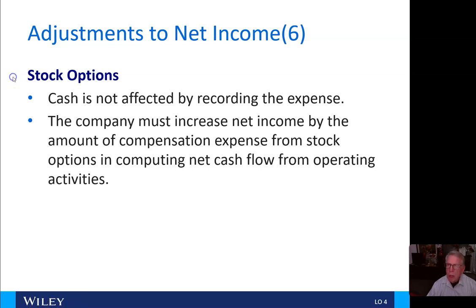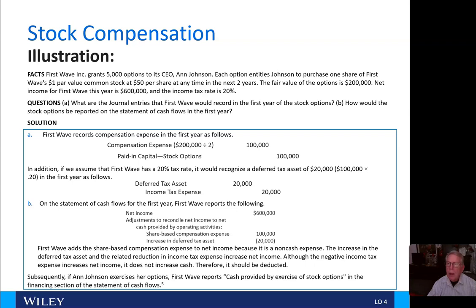Stock options. Stock options do not affect cash, or cash is not affected by recording the expense. The company must increase net income by the amount of compensation expense from stock options in computing net cash flow from operating activities. All right, let's take a look at an example. The First Wave & Company grants 5,000 options to its CEO, Ann Johnson.